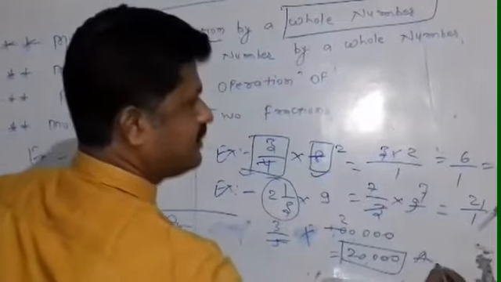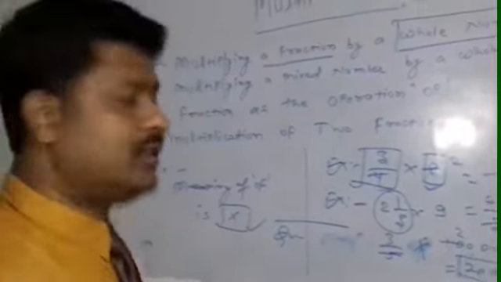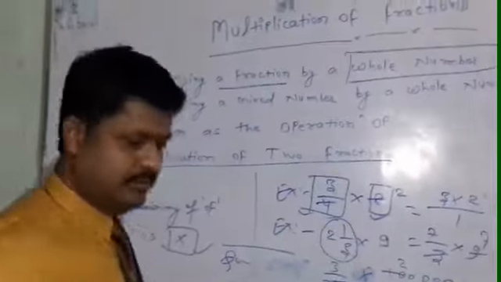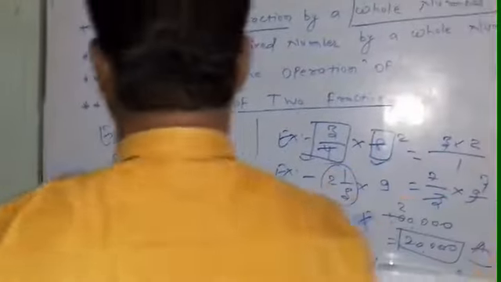20,000 is your answer. Okay, now we will discuss multiplication of two fractions.